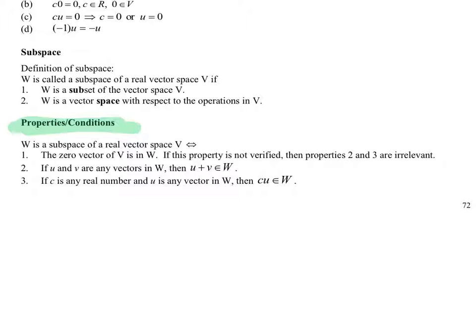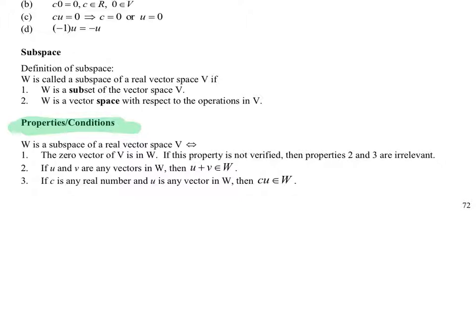But maybe, for example, just to keep it simple, if you're dealing with just a 2-dimensional system X, Y, your subspace could just be the first quadrant, all right? Because it's just a subset of the original system, all right? X going from negative infinity to infinity, and same thing for Y, all right?